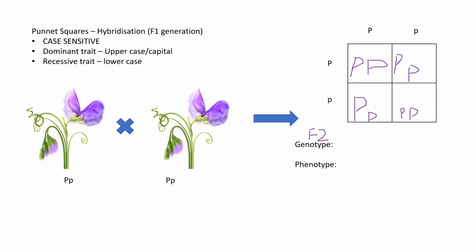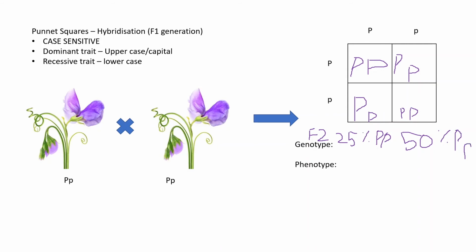So what is the genotype? It's pretty interesting. The genotype is 25% big P, big P. It's also 50%, half of the offspring are going to have alleles that are big P, little p.